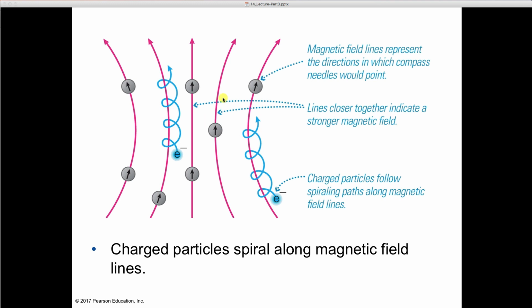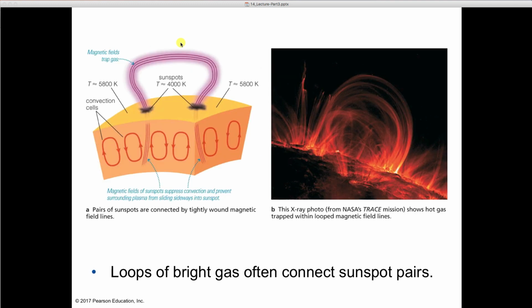Going back to the previous picture, magnetic field is very strong in this region where the lines are closer together. Up in this region, the lines are further apart. The magnetic field is a little bit weaker. So that's just one way of depicting what direction the magnetic field is pointing and how strong it is, by drawing these magnetic field lines.